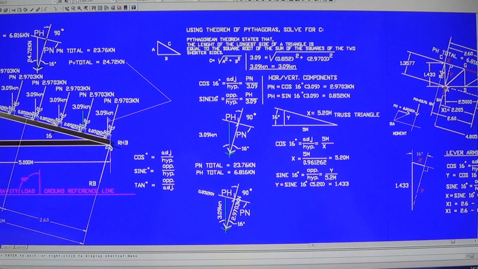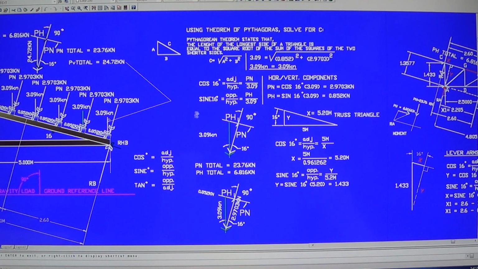Now for the pH, the horizontal component. That's the opposite side, so we can use the sine function using the hypotenuse. This is the known, the gravity load.